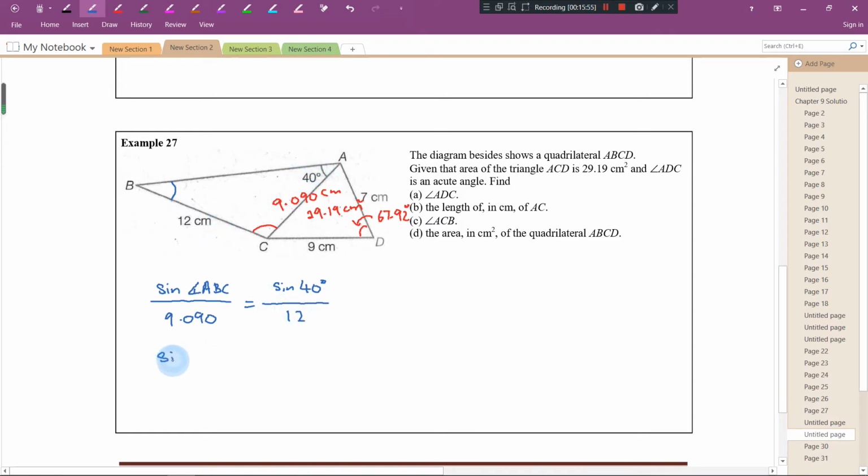So sine angle ABC is equal to sine 40 degrees over 12 times 9.090. Press the calculator: sine 40 divided by 12, and so sine angle ABC is equal to 0.48691.